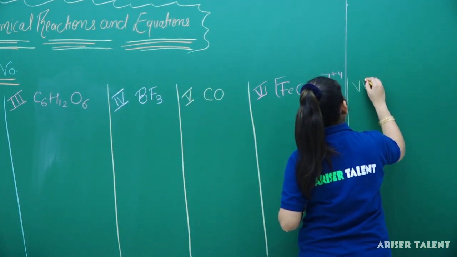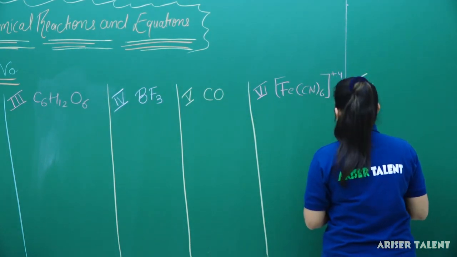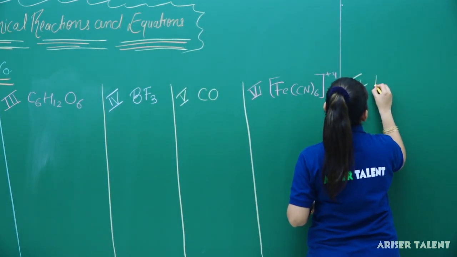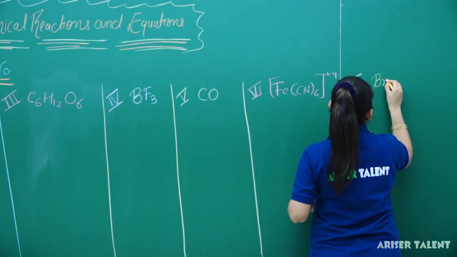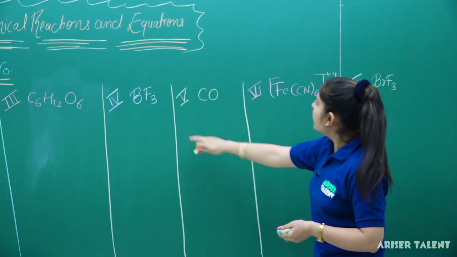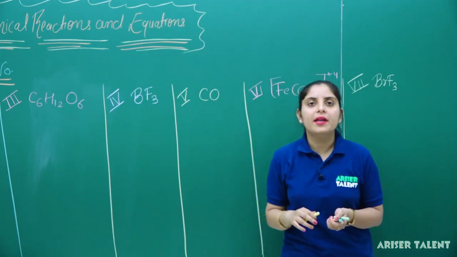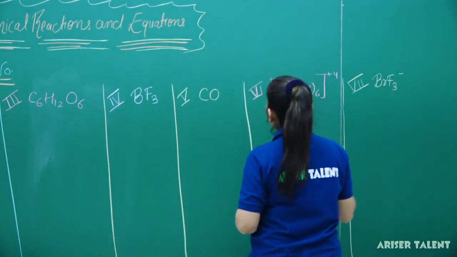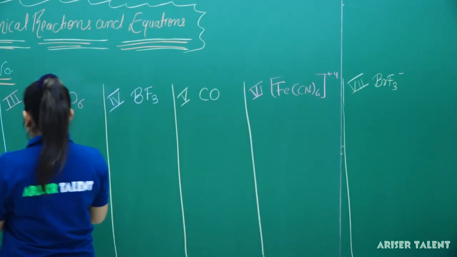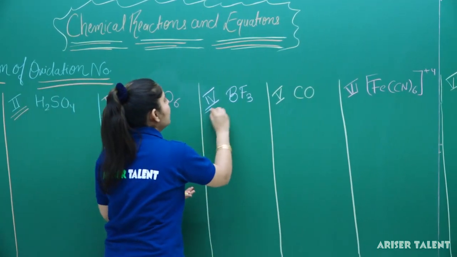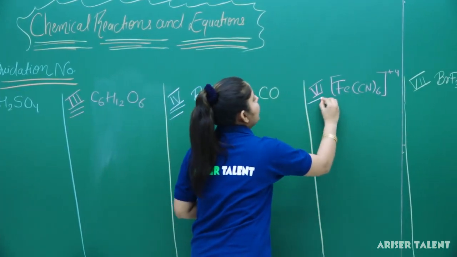Our next element is element number 7, and the seventh element in this series is BrF3. Here we have taken BF3, that is boron fluoride, and here we have taken BrF3 negative, that is the fluoride ion. Now we will consider these different cases and try to find out the oxidation number of all these elements.